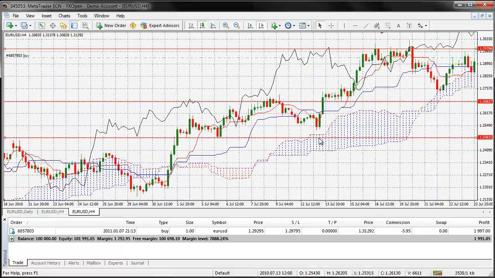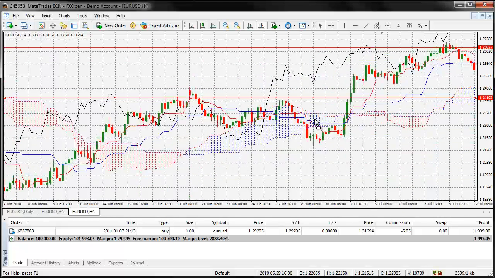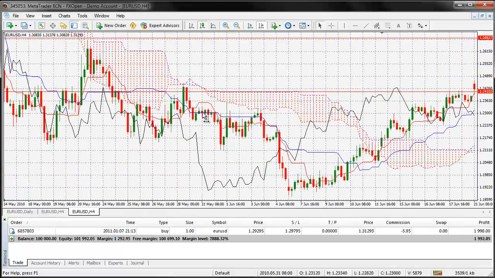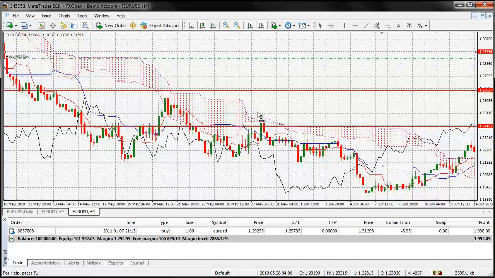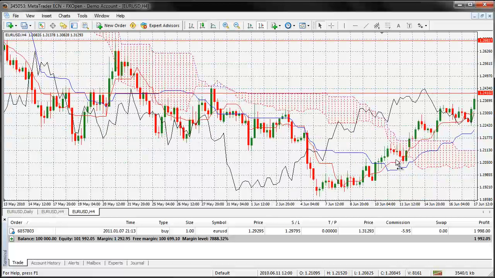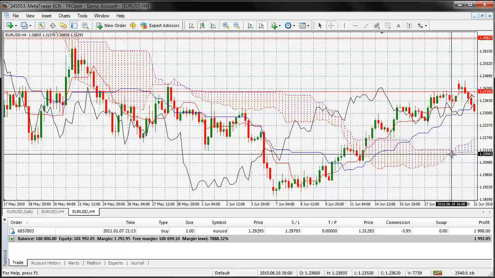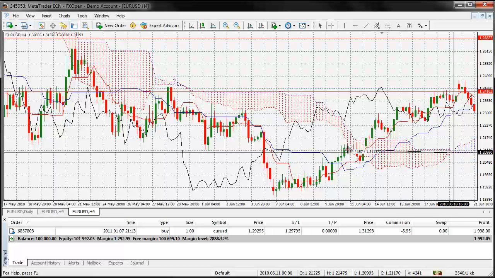All right, let's see if we can find some other areas we can take a look at. This is another Kumo breakout, that's actually above.